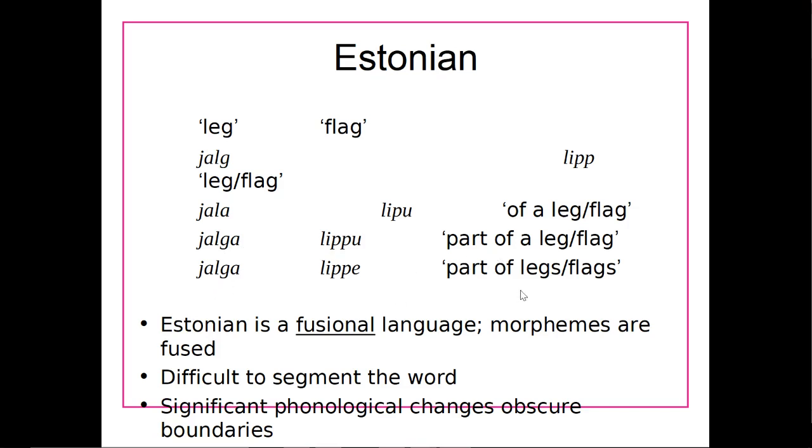Jalgu or lippe again for part of more than one. So basically, we're having a lot of phonological changes inside Estonian, which indicates that the morphemes are really fusing together and are a lot harder to separate. So this is a more fusional language where we don't have as many beads on the string, versus an agglutinative one where we can separate things more easily and we have a lot of those beads on a string.